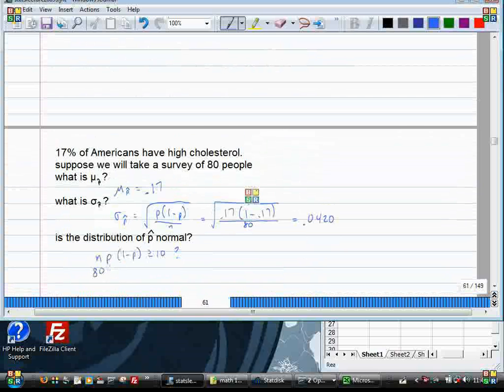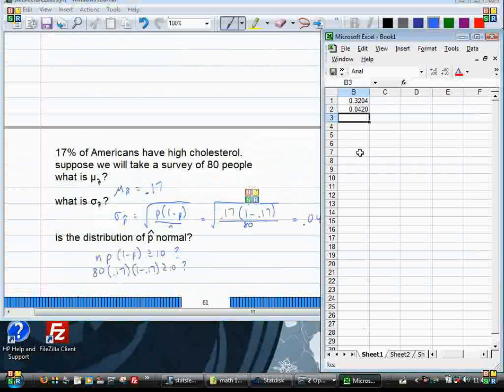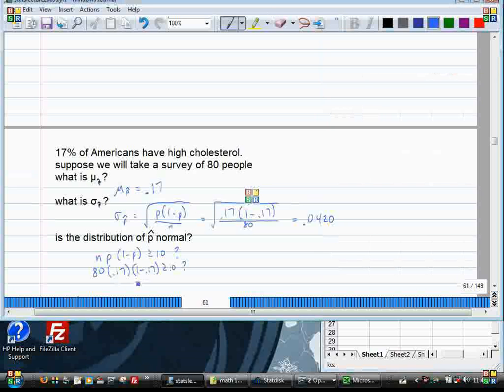What was p? 0.17. 1 minus 0.17. Is that greater than or equal to 10? So let's do the calculation. 80 times 0.17 times 1 minus 0.17. That gives me 11.288. So is that greater than or equal to 10? Yes. So it's normal, so we're good.